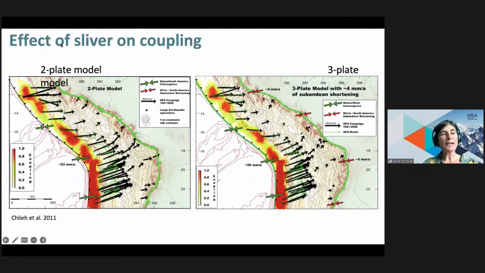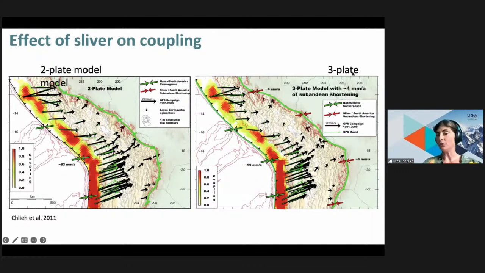So what is the effect of this sliver on the coupling? Here you have, again, a figure from Mohamed. Here you have the interseismic coupling obtained by a two-plate model, where you take into account the Nazca plate subducting below the South American plate, and we do not take into account the sliver. And as you can see, the coupling is very important.